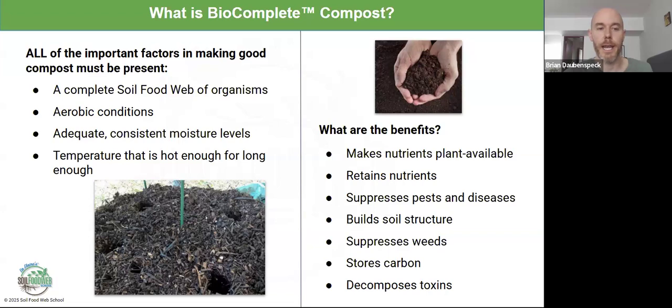We're trying to maintain aerobic conditions. The roots of plants, which is what we're striving to grow, are obligate aerobes. So if plant roots are doing well, they're in an aerobic environment, and the organisms we want around those roots are also aerobic. Like all life on Earth, there needs to be some water, so we're maintaining adequate and consistent moisture levels.